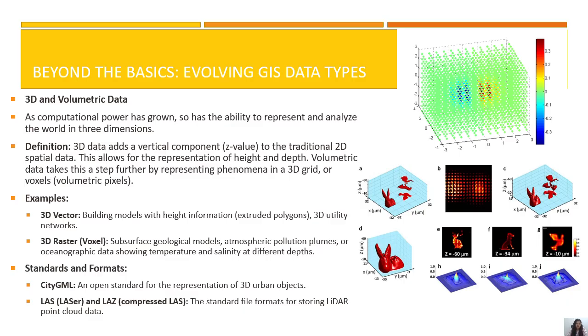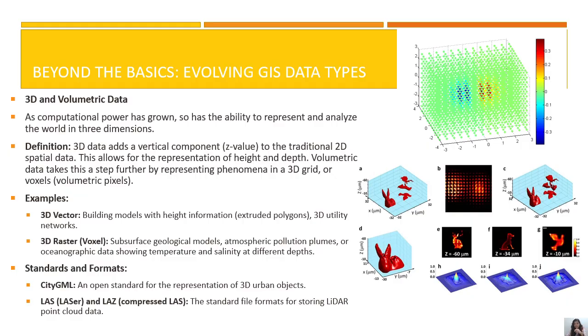3D data has a vertical component, that is Z, added to the traditional 2D spatial data, which allows a representation of height and depth. Volumetric data takes this a step further by representing phenomena in a 3D grid of voxels, or volumetric pixels. For example, a building model with a height extrudes the polygons.